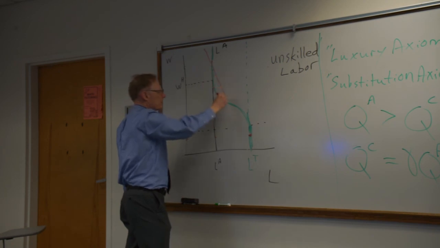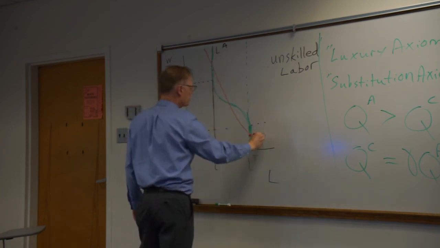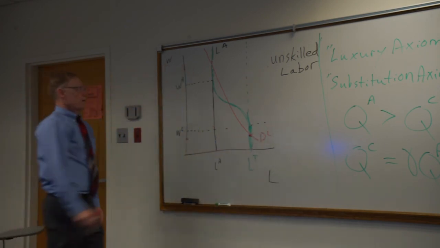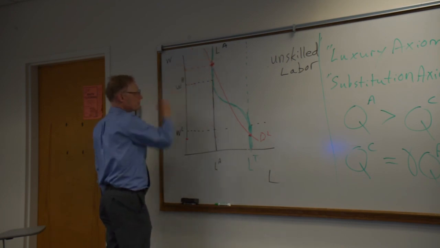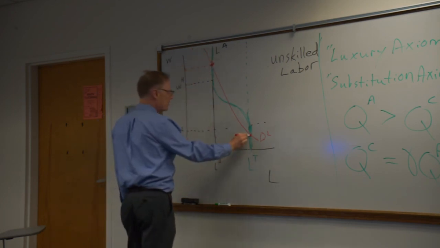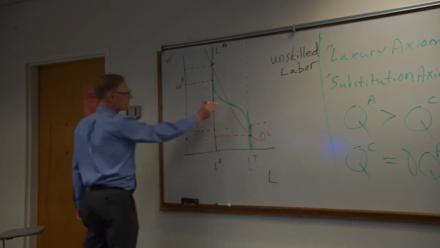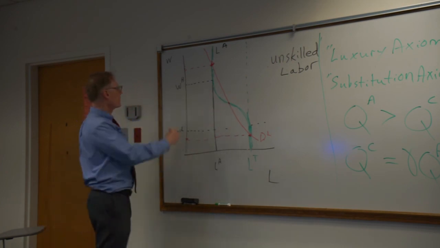Well, here is one example of such a demand curve, right? So here we have one equilibrium. Here we have another equilibrium. This is our unstable equilibrium, our economic divide.